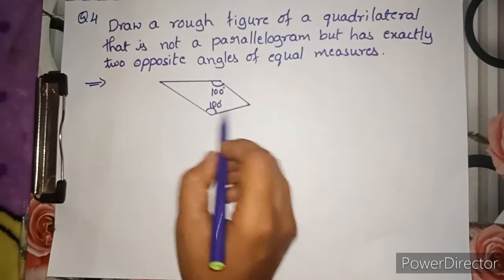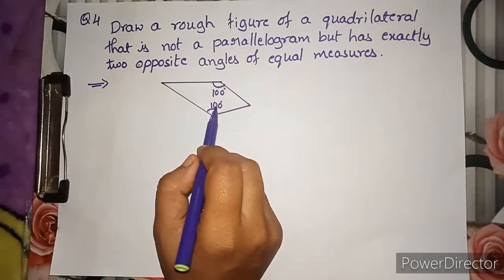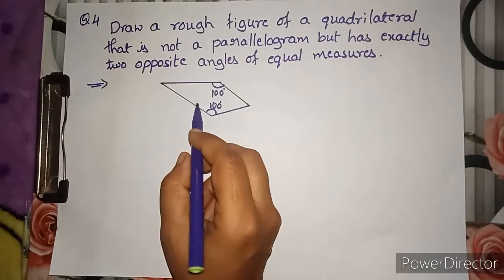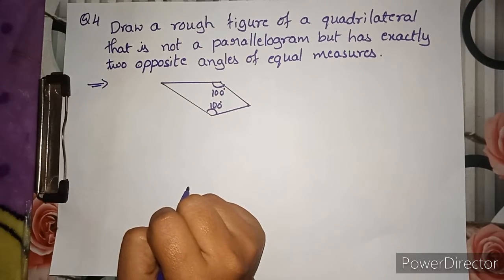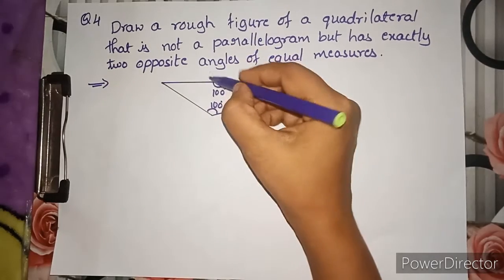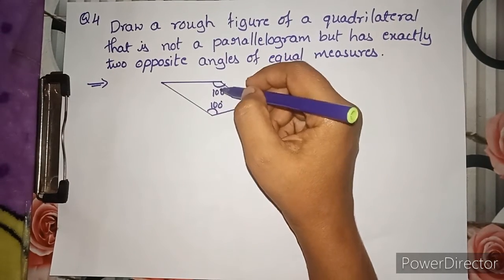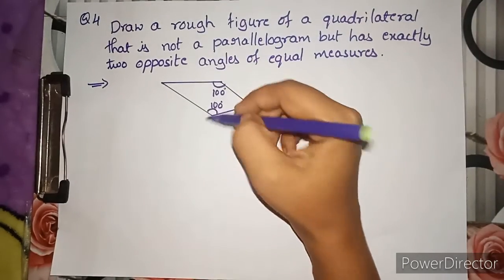So we have a quadrilateral with 4 sides, and it is not a parallelogram, but has two opposite angles equal. This angle is equal to this angle.